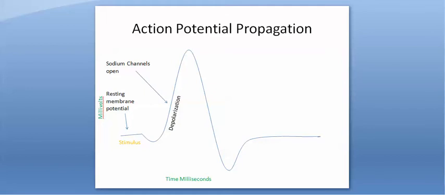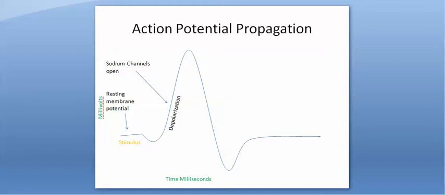The same thing happens at the level of the cell. The negative part is inside the cell and the positive part is outside of the cell. So it's polarized, just like a north and south pole is polarized. When we're depolarizing, we're allowing this membrane potential to go closer to zero.